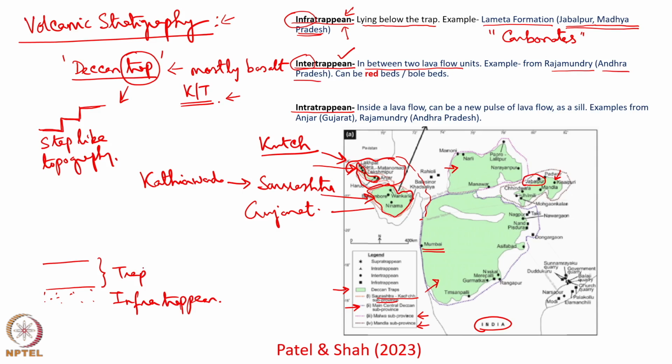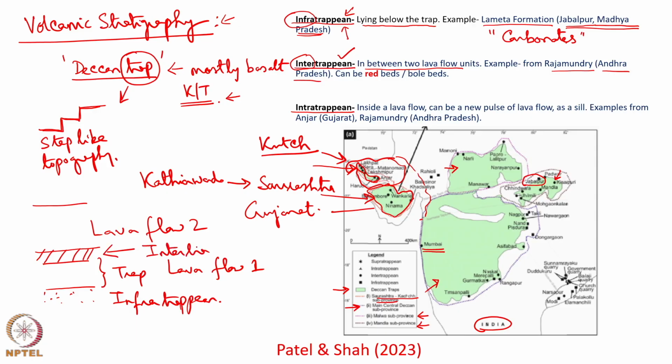Suppose this is lava flow 1, and over that lies lava flow 2, then this in between place is known as the intertrappean. And this is a trap material just like that.